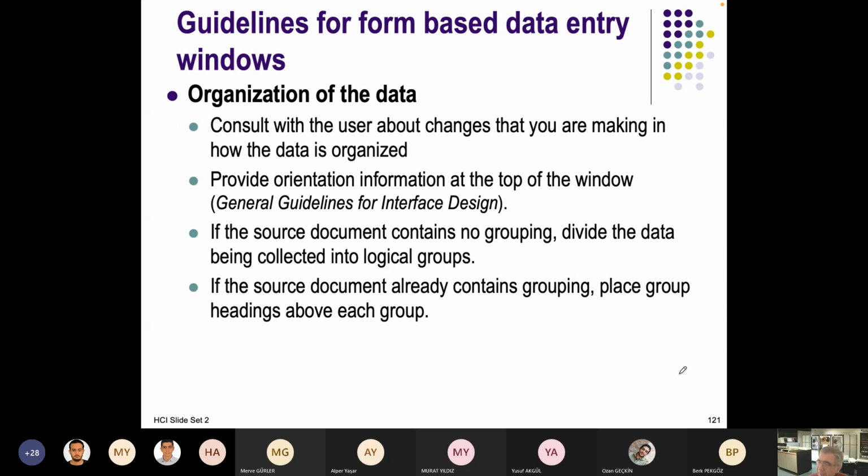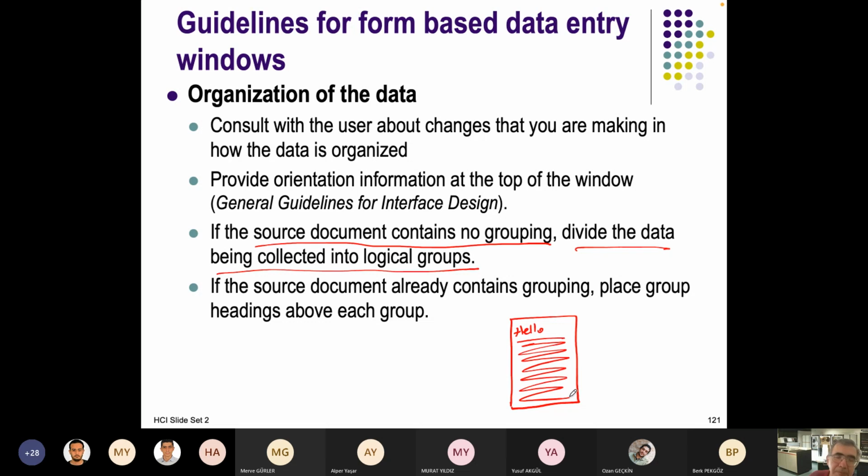Even if the source document has no grouping, divide the data being collected into logical groups so that people on the computer screen expect things to be grouped. In paper, for example, you have a brochure with a heading and long text.